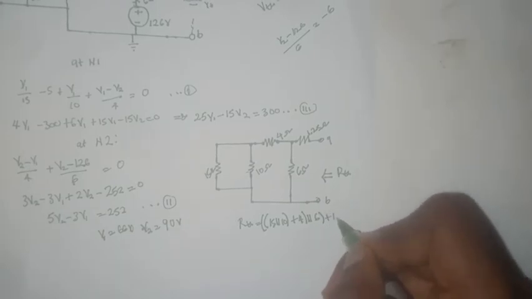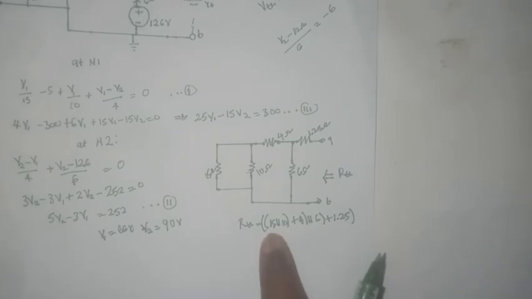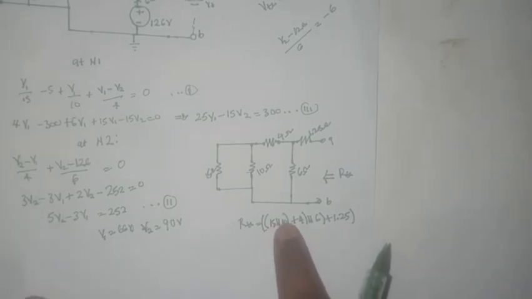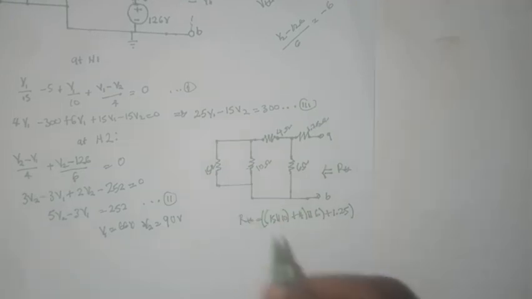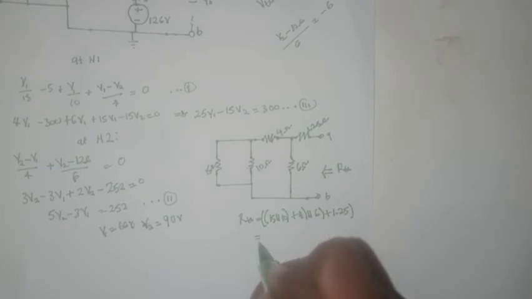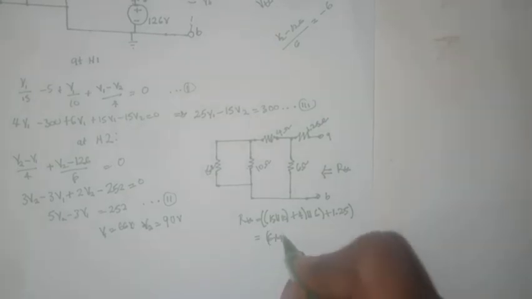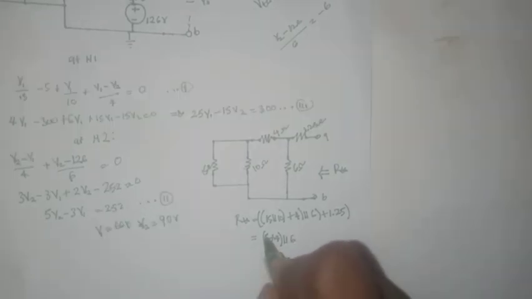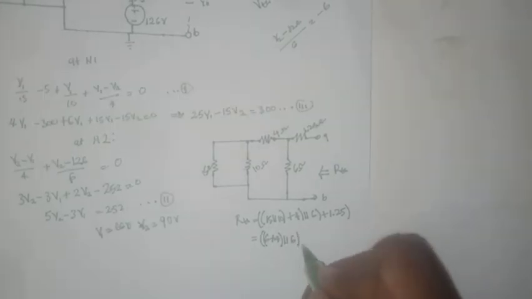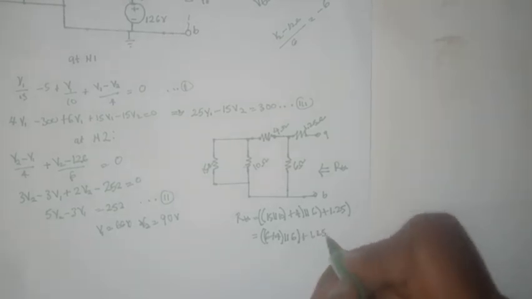Now, the first part will simply be 15 times 10 divided by 15 plus 10. That will be 150 divided by 25, which is equal to 6. Then 6 plus 4 is 10, in parallel with 6, which is all in series with 1.25.